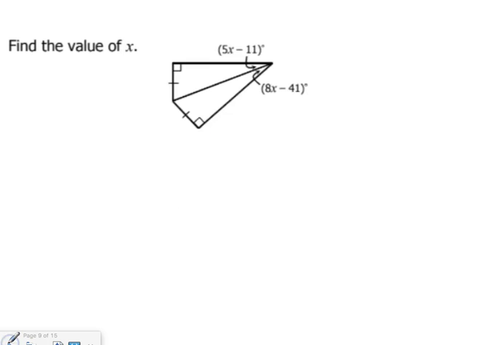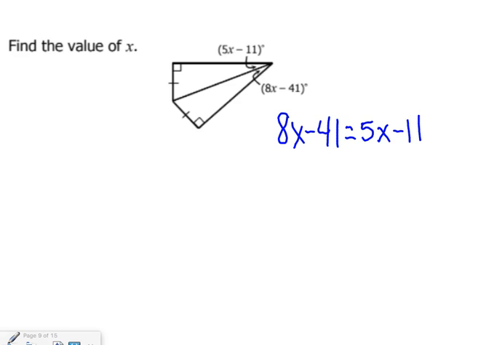Okay, try this one. What do you know about those angles? 3x equals 60. Not 60, 50. How would you get 50? Because you would add.